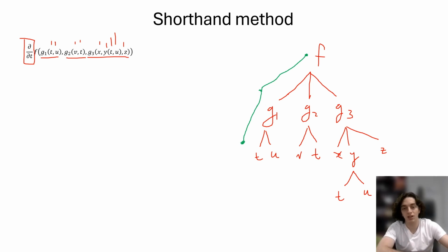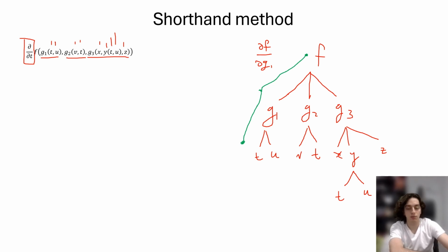What does this entail? This entails one term of the sum of the chain rule. If you recall, the chain rule is basically a sum of these terms. And what is this term going to look like? It's going to look like, essentially, the product of the partials of what we get from each of these steps. So the first term of the product is going to be ∂f/∂g1.